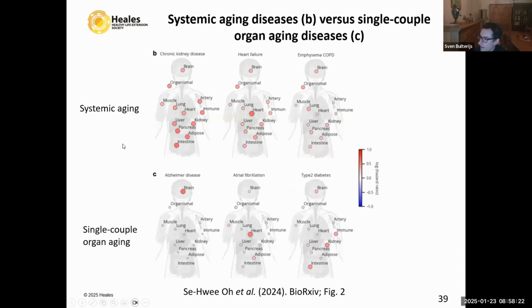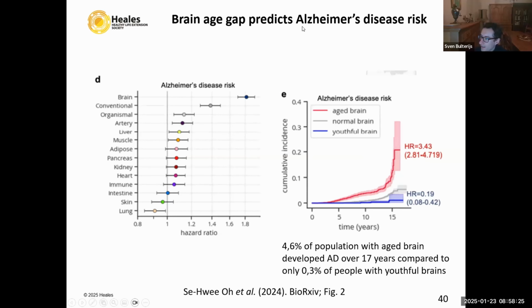Okay, here, the brain age gap predicts Alzheimer's disease risk. So here you see the different organ clocks for Alzheimer's disease, and brain pops out. Conventional pops out, so all the proteins. Organismal is here, that's all the proteins except for the ones for the single organs, and then all the single organs. So you can see it's mainly the brain age and the conventional ones that will predict your risk for Alzheimer's disease.